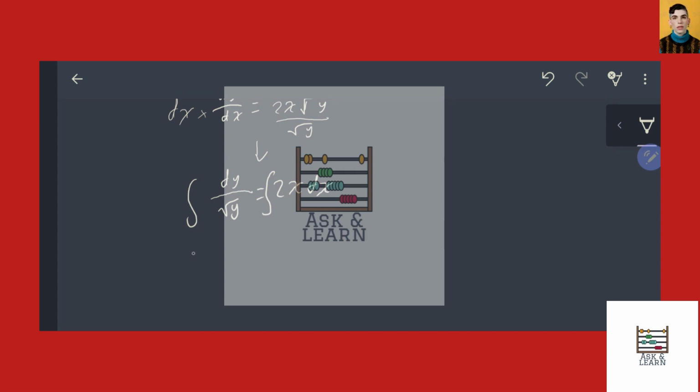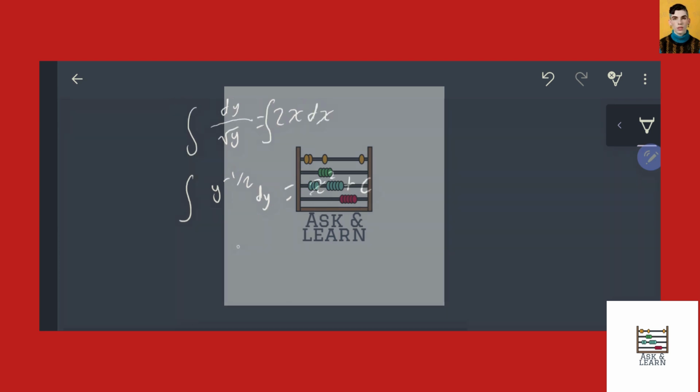You integrate this side with respect to y, and this side with respect to x. Another way to write this is the integral of y to the negative 1/2 dy equals the integral of 2x dx, which is really simple: x squared plus c. Don't forget that constant of integration. For y to the negative 1/2, we just do the normal power rule: add 1 to the exponent, negative 1/2 plus 1, and divide by negative 1/2 plus 1 as well.